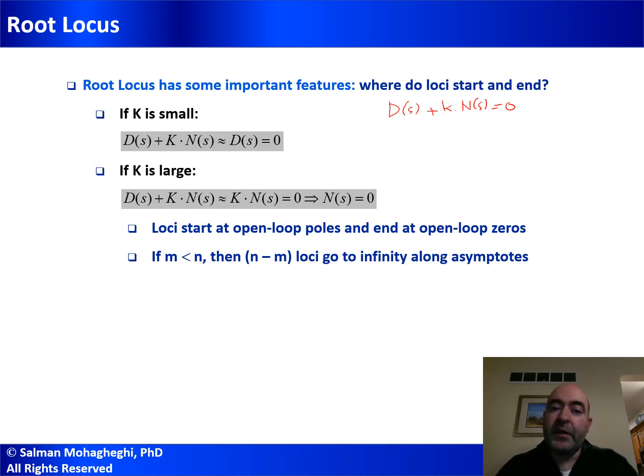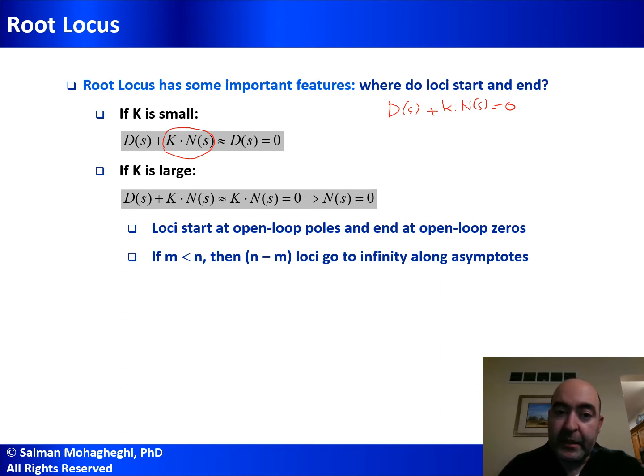If k is very small, which is pretty much 0, D of s plus k N of s will consist of one term that is very, very small, in other words, overshadowed by the first term. So instead of solving for D of s plus k times N of s equals 0, I can just solve for D of s equals 0.